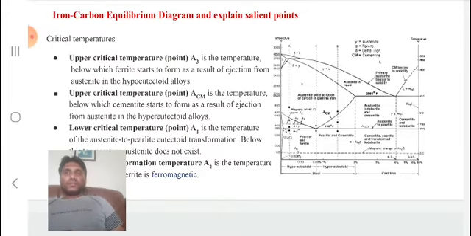ferrite is formed. Ferrite is formed by ejecting carbon from austenite. When carbon is ejected from austenite, it converts into BCC ferrite. And on the ACM side, as carbon is ejected from the austenite, cementite is formed.